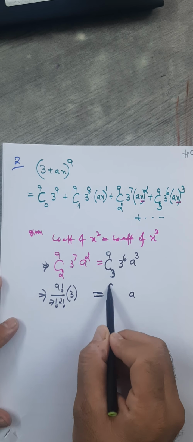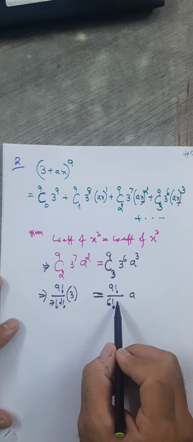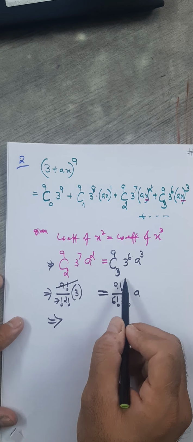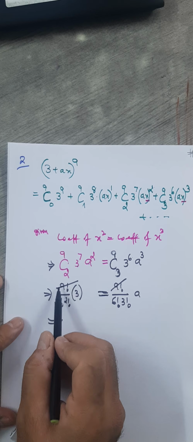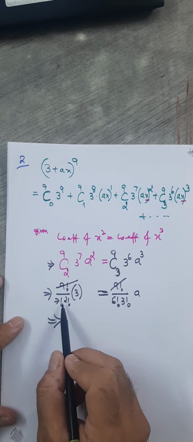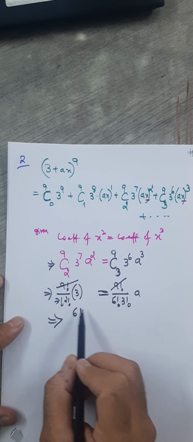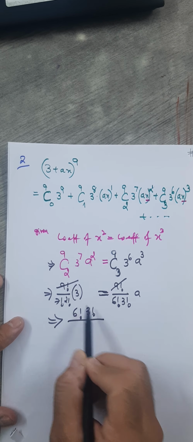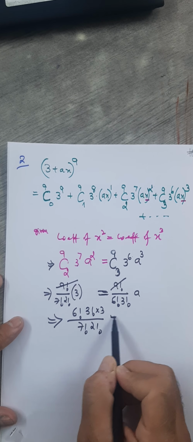What is 9c3? 9 factorial upon 9 minus 3, which is 6 factorial into 3 factorial. 9 factorial will get cancelled. Here, if you want 3 factorial, 6 factorial into 3 factorial into 3 is already there, upon 7 factorial into 2 factorial equals a.